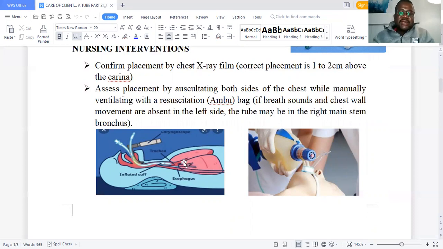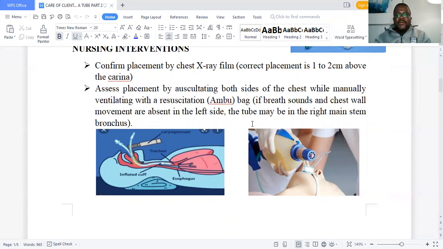Now, if the chest rise is only on the left lung, it means the tube is in the right lung. The tube has gone through the right bronchus. Very, very important.